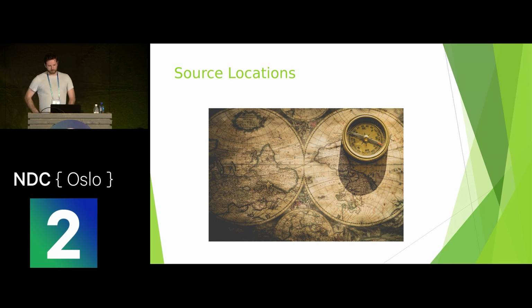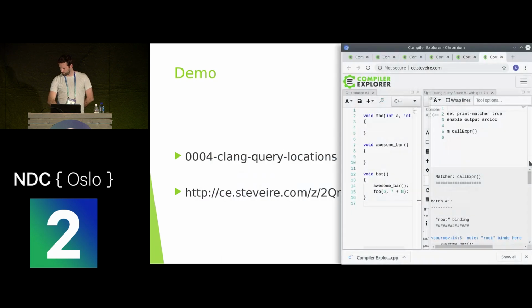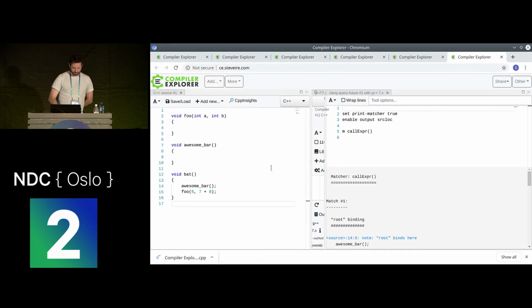But we've come up against another discovery problem. How do we discover these source locations? They could be long strings. They could be just difficult to discover by browsing the API. So again, I'm using clang-query here.